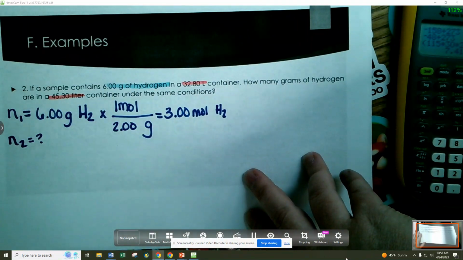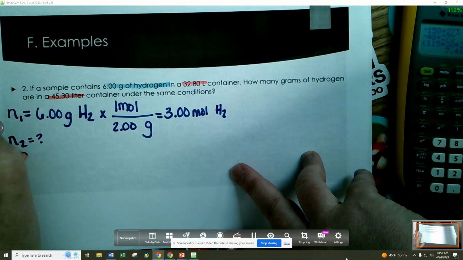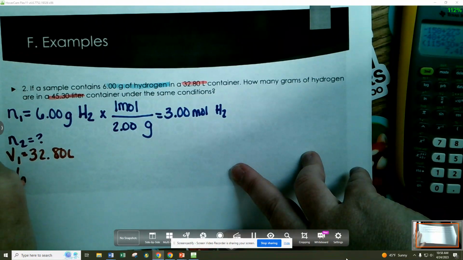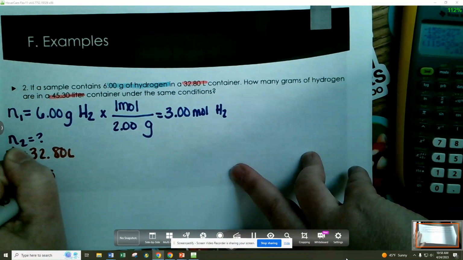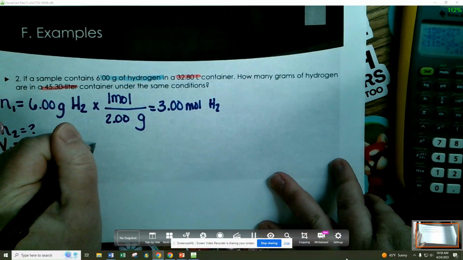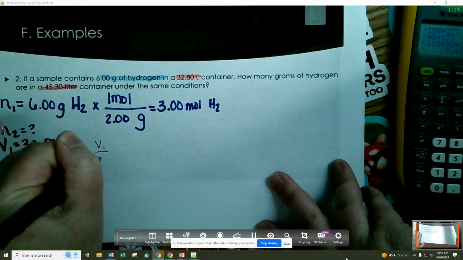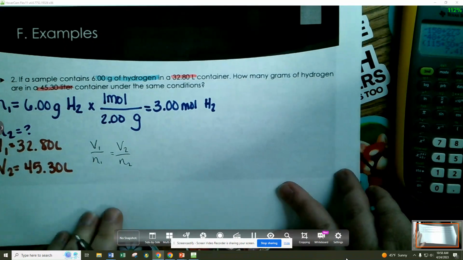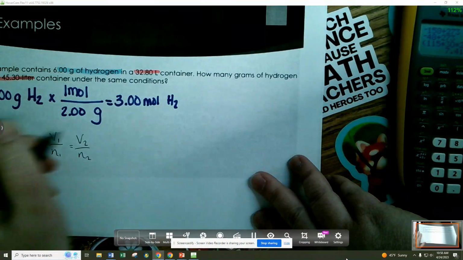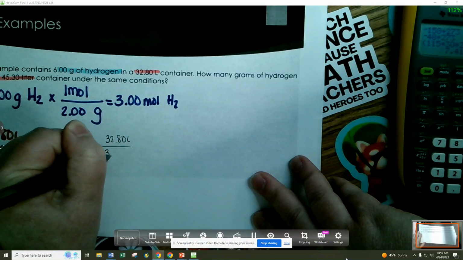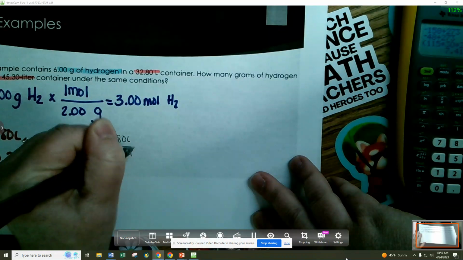It started with an initial volume of 32.8 liters, and ends at a volume of 45.3. So using the equation V1 over N1 is equal to V2 over N2, go ahead and plug in. We have a starting volume of 32.80 liters, and it has 3 moles of hydrogen gas.